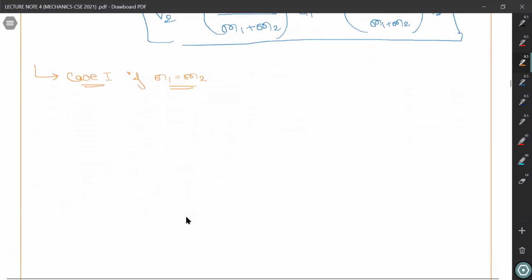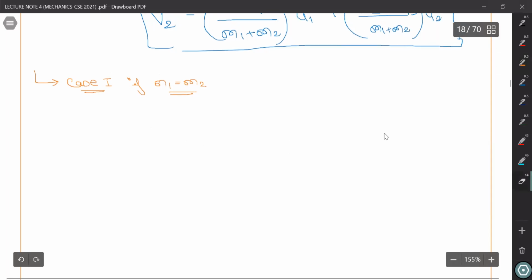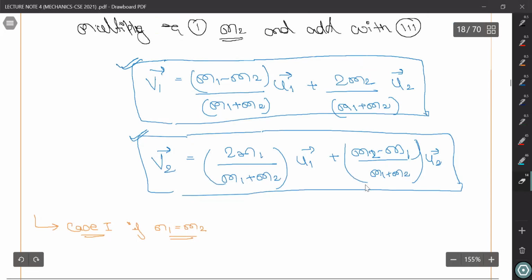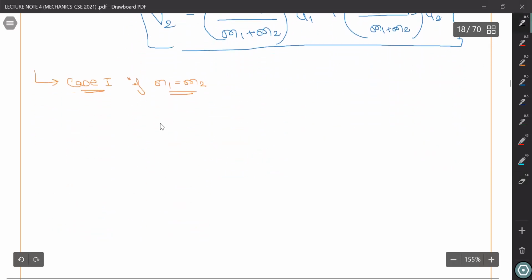So put it there, m1 equals m2, this will cancel out, and m1 upon m1 cancels out, so v2 will equal u1. So you are left with this: v2 is equal to u1 and v1 is equal to u2.